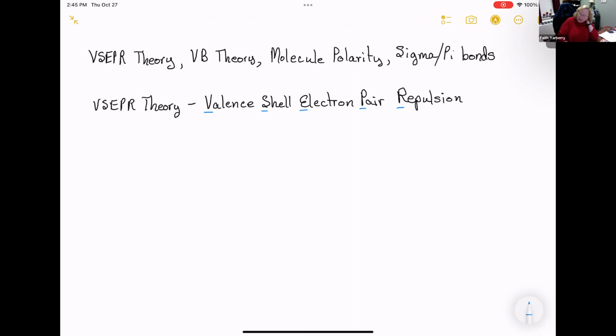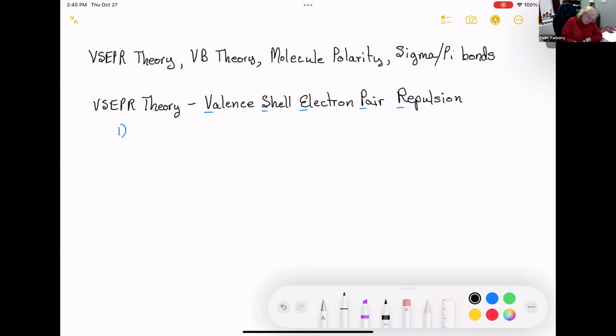Before I get into too much detail, or before I show you the video, the next thing I wanted to quickly mention is that we will be talking about two types of geometries. The very first geometry is the electron geometry.